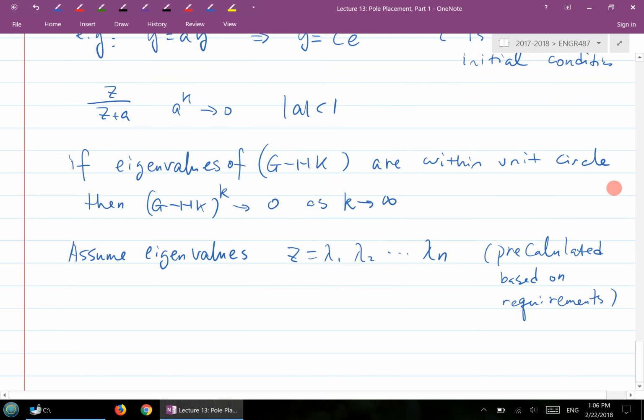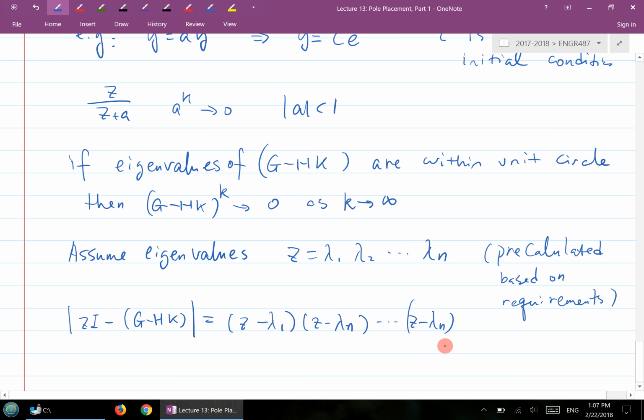Okay, so this can be pre-calculated, and once you have this, then you would know that I need my k value such that this whole system will satisfy this condition here, right? So that's zI minus this, the determinant of that will produce the eigenvalues, right?